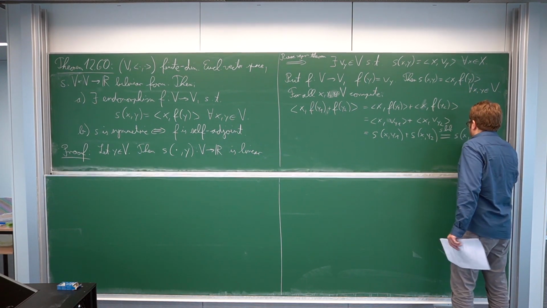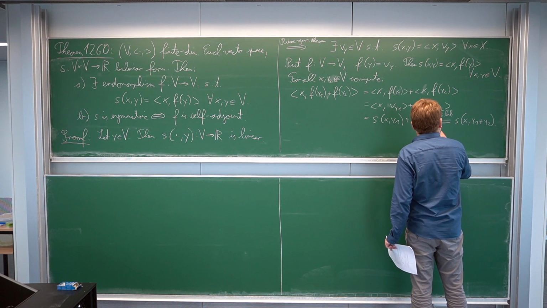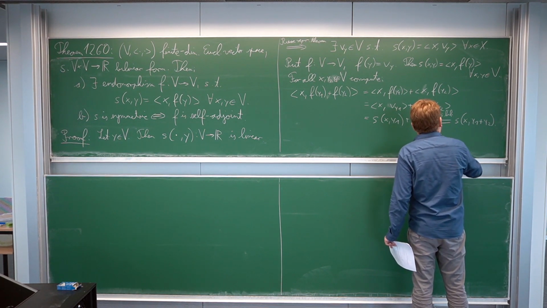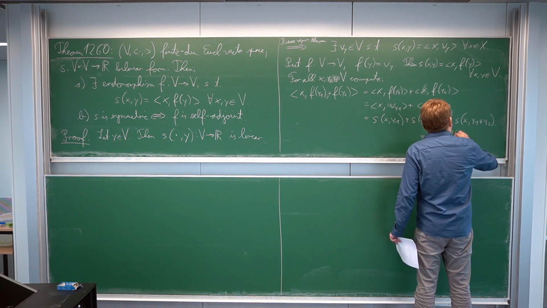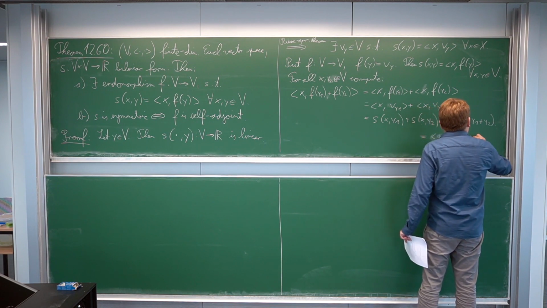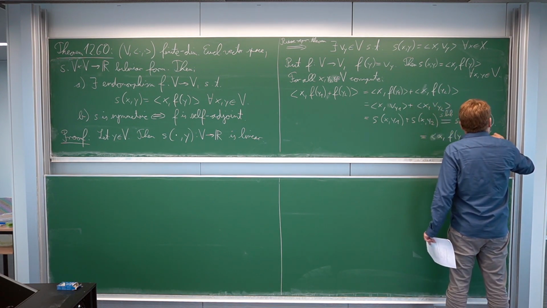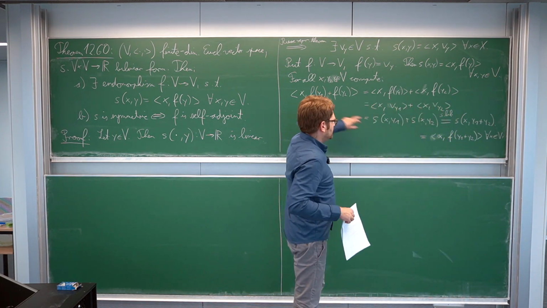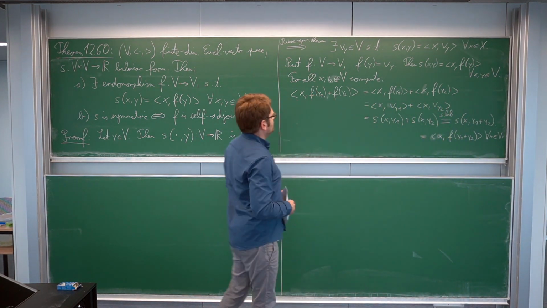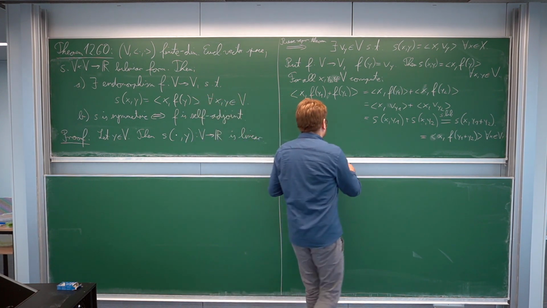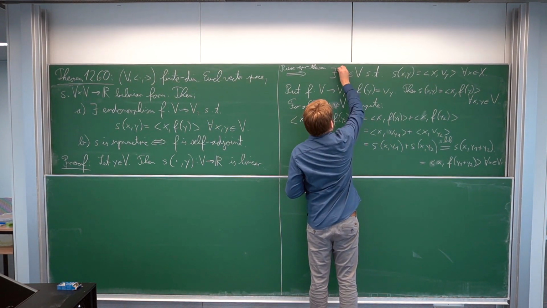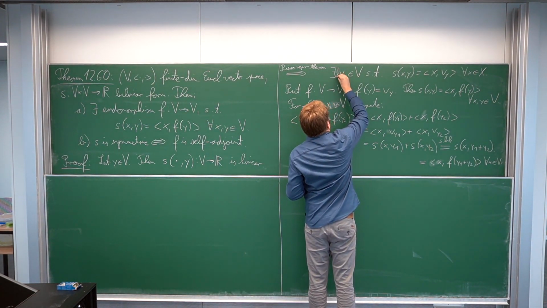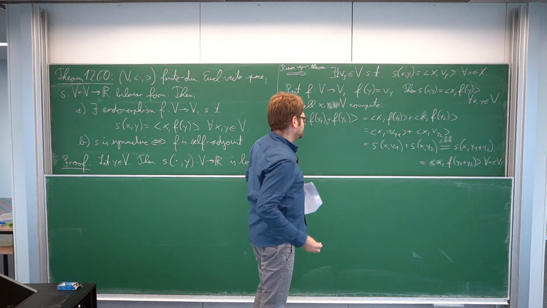But by definition, this is the same as the inner product of x with f of y1 plus y2 for all x in V. And so we have now two vectors which have the same property, but the Riesz representation theorem said that there is a unique such vector. This is denoted like this, existence and the shriek here. So there exists a unique such vector.